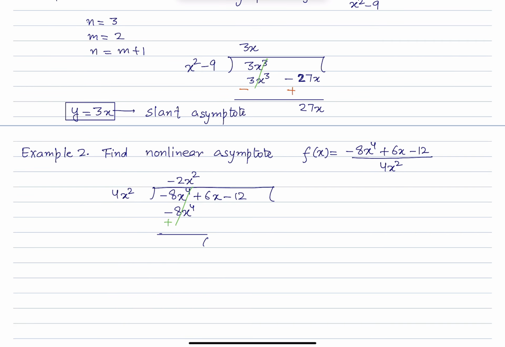So that gives us 6x minus 12. The degree is less than the divisor, so we will stop here. So y equals negative 2x squared is our nonlinear asymptote.